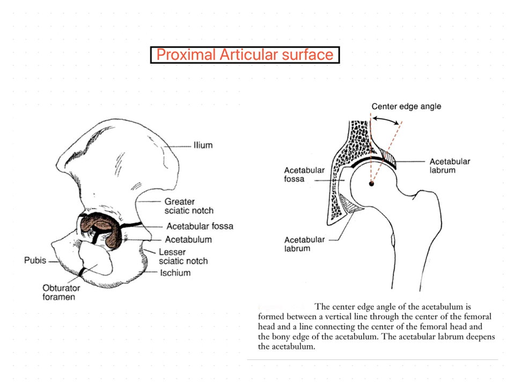The proximal articular surface is a cup-like concave socket. So here you can find the cup-like concave socket of the hip joint, called the acetabulum, which is located on the lateral aspect of the pelvic bone, or hip bone, or innominate bone.